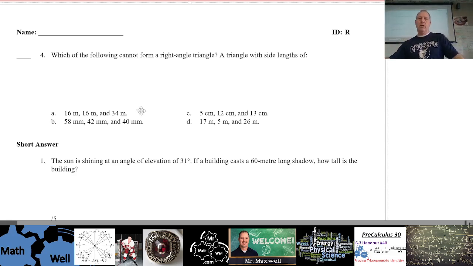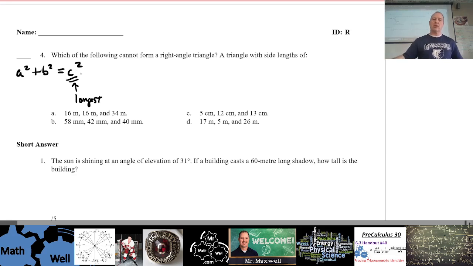Okay, so the one thing you want to remember with a right angle triangle, if it gives you side lengths, is you have to remember Pythagoras, which we just used, right? So that's important. And the C is always the largest one. This is the longest one. The C is always the longest side.